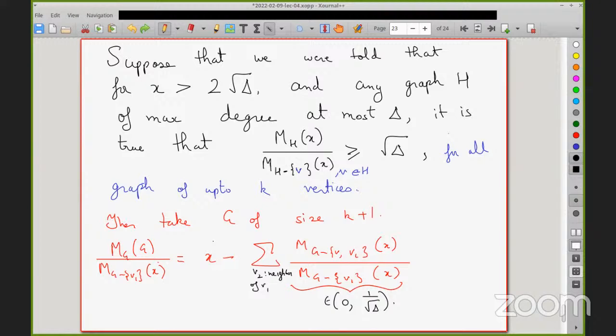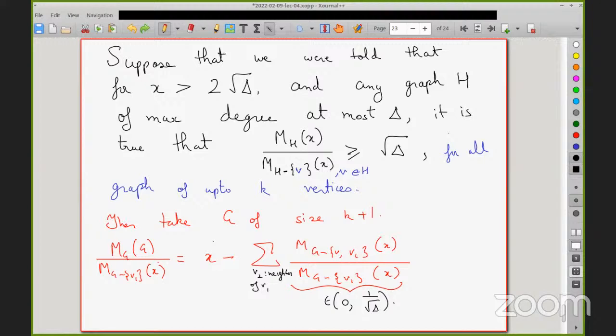So, why is this ratio important at all? The ratio is important because it is also telling us something about the root. What would this whole argument imply? It would imply that for all these large x, this mgx over mgv minus x is strictly bigger than root delta, and it's actually positive therefore. So you just multiply these things out and they telescope, so you get that mgx has the same sign for all these large x. Right?